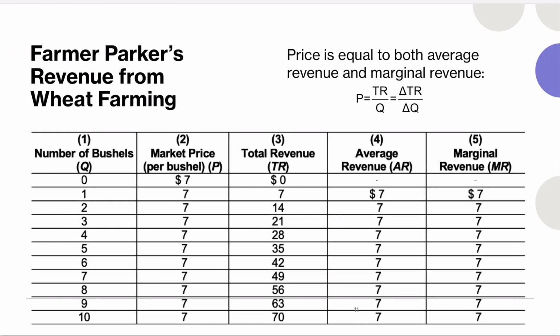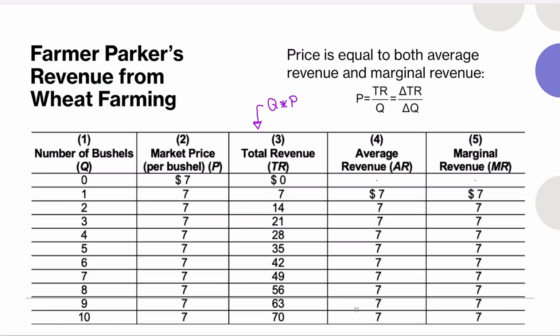So this just shows a very basic example. If we were looking at a market for Farmer Parker, who is selling bushels of peaches for $7 per bushel, we see that his total revenue in column 3 is quantity times price.